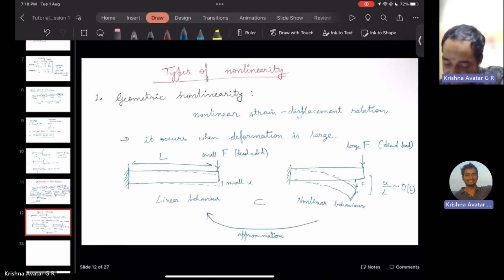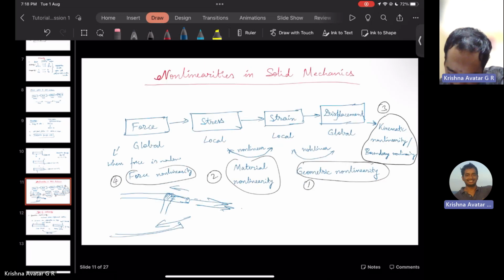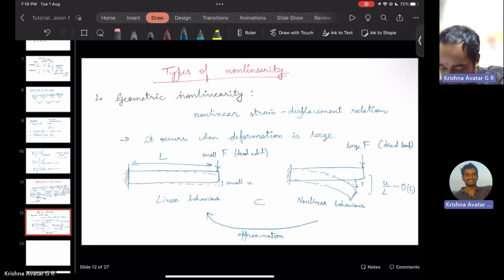So it means every individual relationship between all these components, force, stress, strain, displacement, all are linear. So linear behavior is a special case of nonlinear behavior.